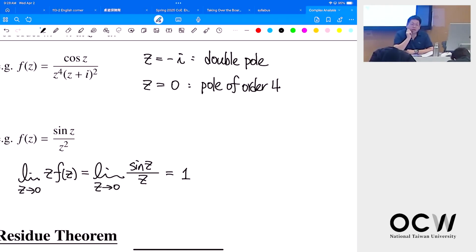It is a non-zero constant. So this function has a simple pole at z equals 0.